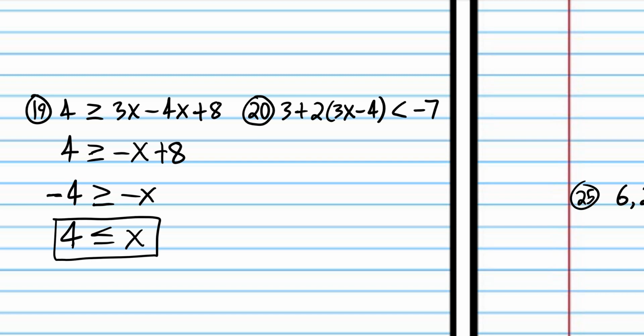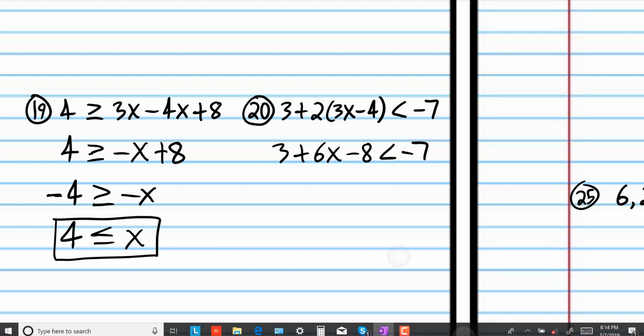All right, we're back. 2 times 3x is 6x. 2 times negative 4 is negative 8. And 3 minus 8 is negative 5.